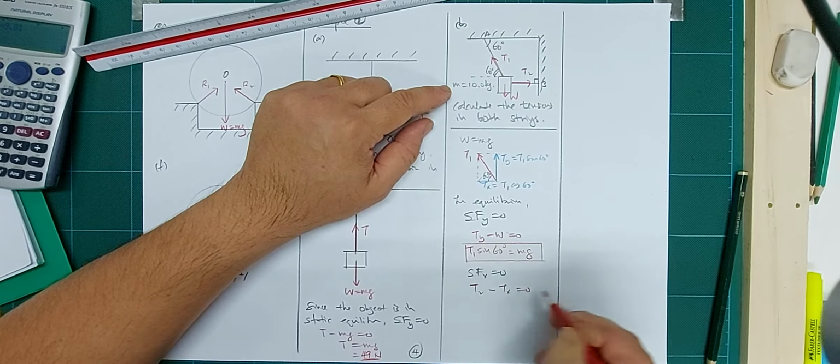For example, the first one, this is our CG point, and the length will be 3 meter, 3 meter. And then after that is all the forces. This is the weight equal to mg, and then this is a reaction from the wall. So this one is RB, and then there's a reaction on the floor. This one is RA. But don't forget, the wall is smooth, the floor is not smooth.